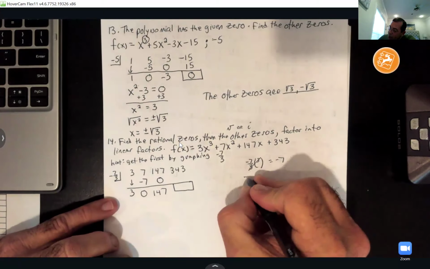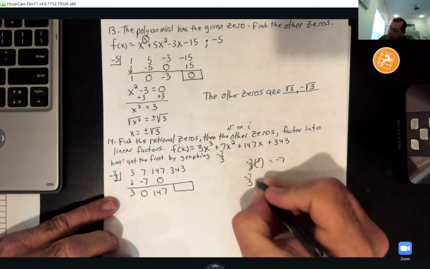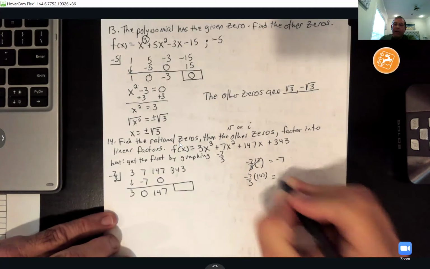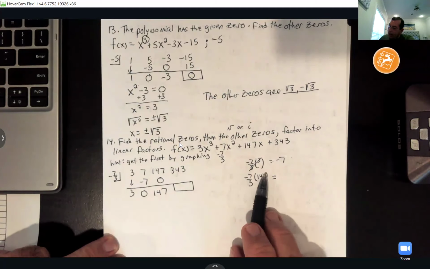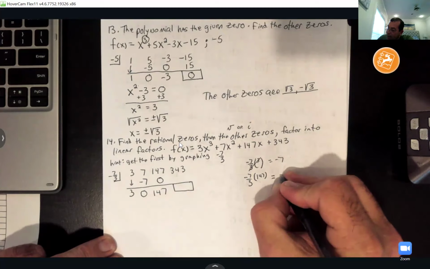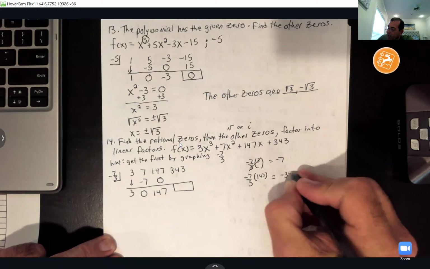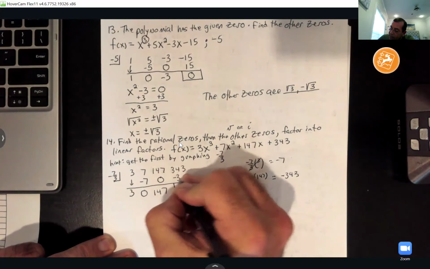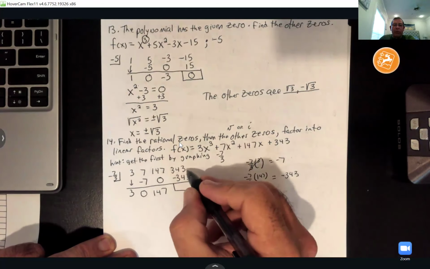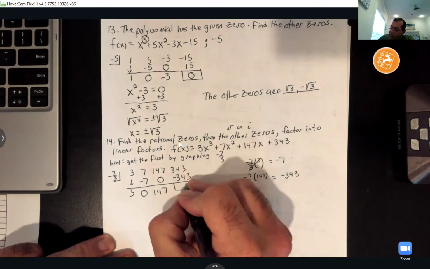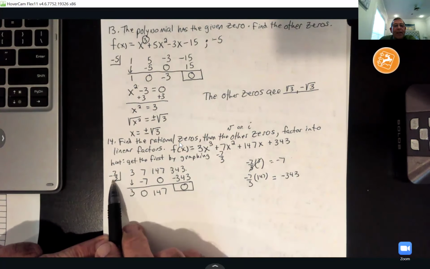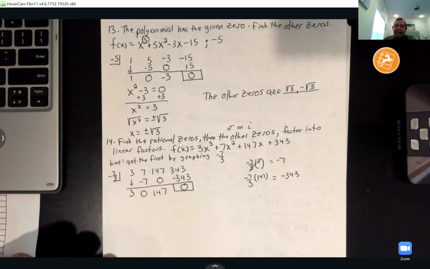So now I'm multiplying that negative 7/3 times 147. And you can punch that in on your calculator, but that will give me a negative 343. So 343 minus 343 gave me a 0 remainder. So that definitely is a rational 0 because it crosses the x-axis.